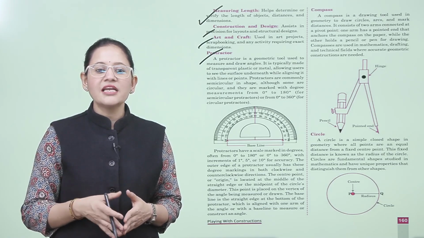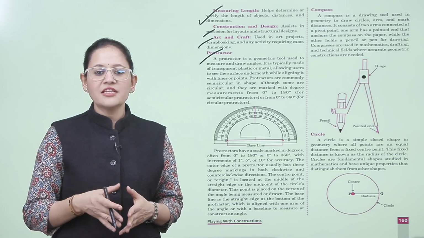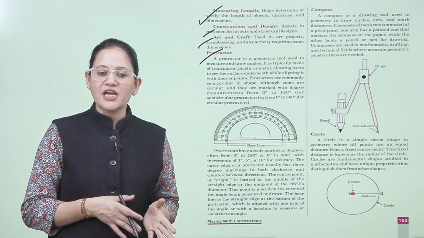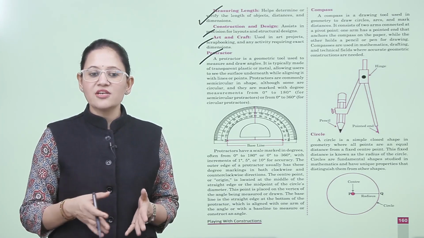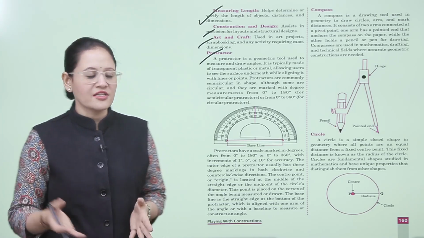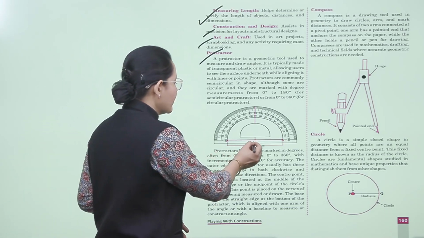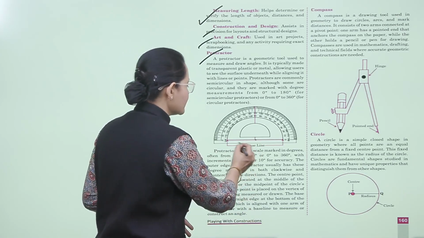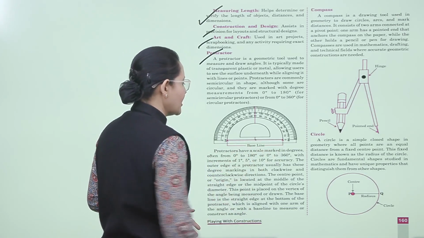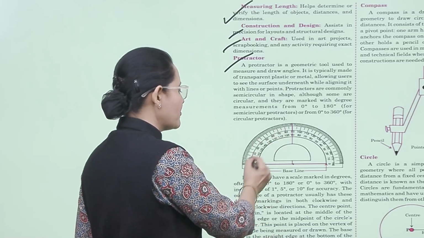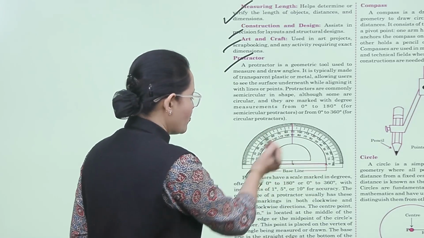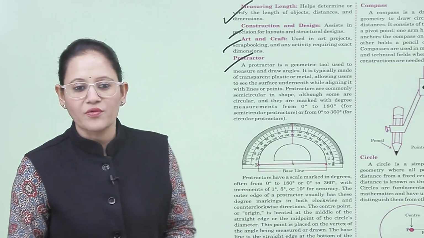The baseline is the straight edge at the bottom of the protractor, which is aligned with one arm of the angle to measure or construct an angle. So you can see this is the protractor, this is the midpoint or center point, and this is the baseline. You can see markings from 0 to 180 degrees clockwise and 0 to 180 degrees counterclockwise or anti-clockwise.